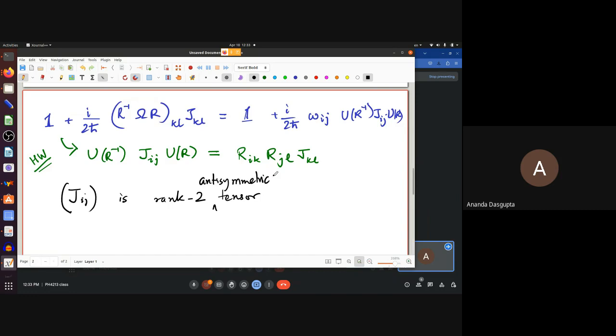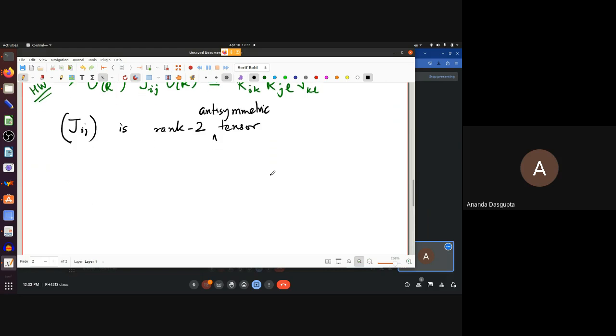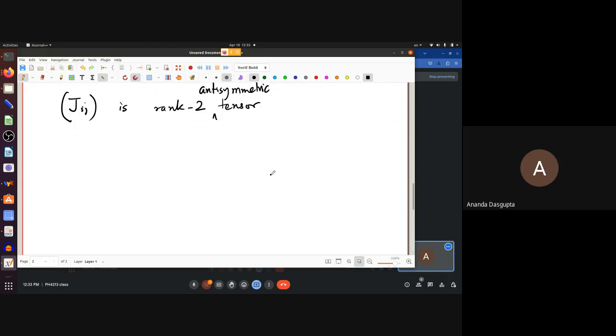But didn't we actually know that angular momentum is a vector? Did we know that? Here I'm saying there is an antisymmetric rank 2 tensor.